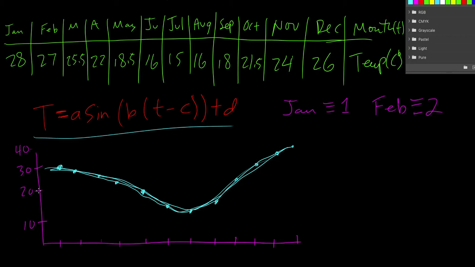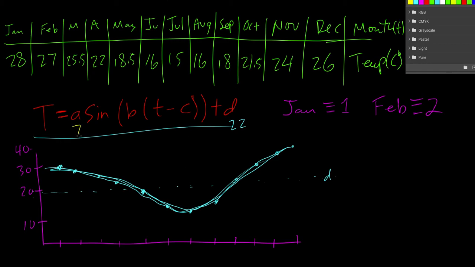So our middle, which is our D, is close to 20, but it's probably a little bit higher. So let's say 22 for D. Now the amplitude: if that's 22, our lowest point is 15, so that's going to be a difference of 7.